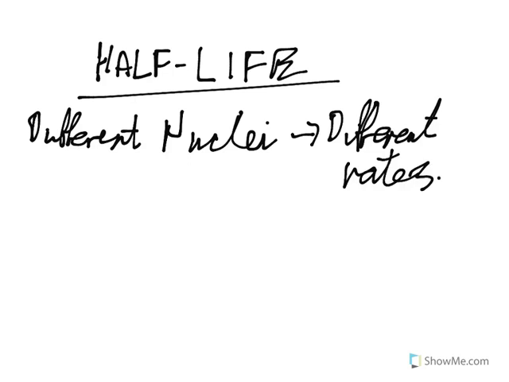As we know, it's to do with balancing the protons and the neutrons in the nucleus. So different nuclei have a different balance, and therefore they're going to decay at different rates.